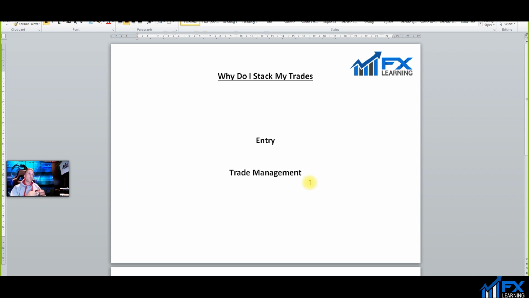We need to know why those arrows appear, and when they do appear, where are we going to enter the market? Where is our stop loss? Where is our take profit? And what we're going to do to maximize that winning setup. But first, we need to pick those winning setups. So that's why I stack my trades. I know how to pick winning setups, and when I find those winning setups, I maximize those positions.